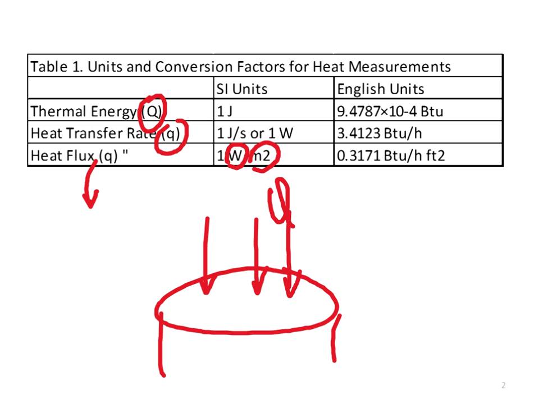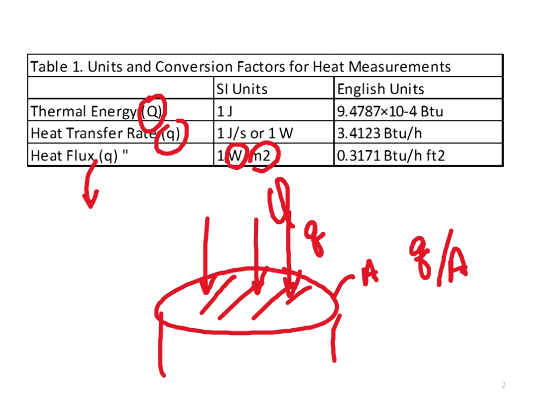So here you have Q, and then let's say you have it per time, so you have your heat transfer rate, and then here would be your area, so that heat transfer rate per area is the heat flux. And flux is a very important term, not just in heat transfer, but in mass transfer, if you ever are involved in any research project that has mass transfer.